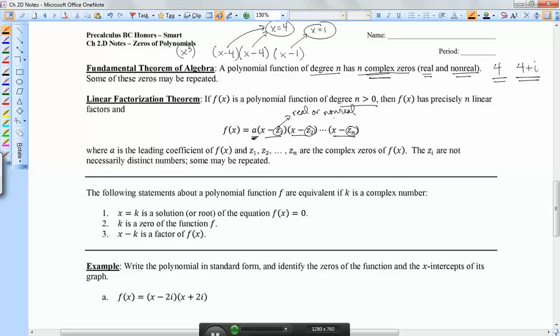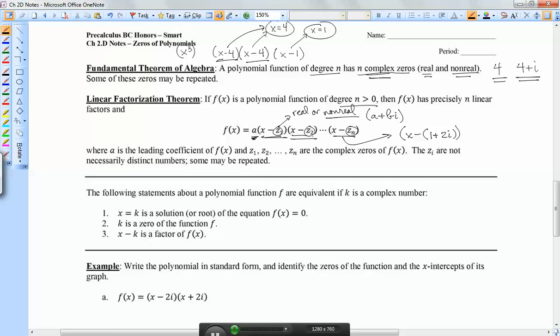Non-real terms have the form a plus bi, just so you remember. So a term could be x minus 1 plus 2i. They use z to refer to complex numbers, real or not real. And again, since these can repeat up here, these might repeat down here.